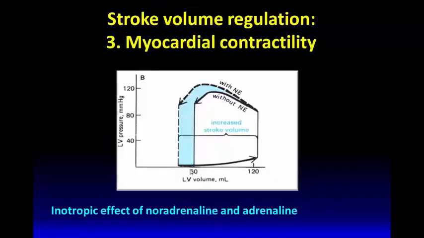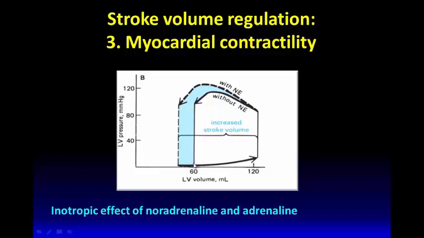Finally, let's describe the effect of sympathetic stimulation on myocardial contractility using the left ventricular volume pressure loop. So this is the end systolic volume. This is the original end systolic volume before the left ventricle has increased sympathetic stimulation.